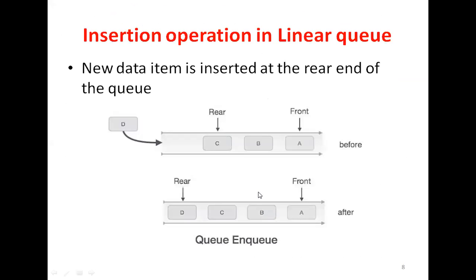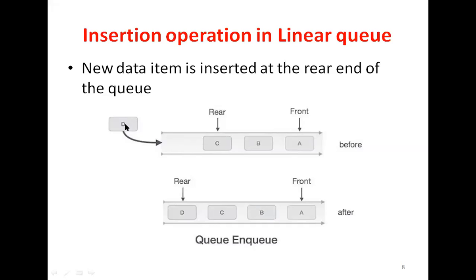Now we'll discuss the insertion operation and insertion algorithm in the linear queue. In insertion, I told you that the data item is inserted at the rear end. You can see here this is the queue, and suppose we have this situation. Now we want to insert new data.